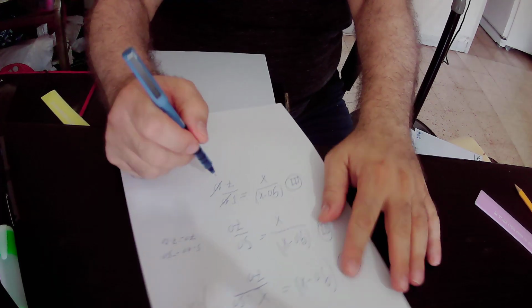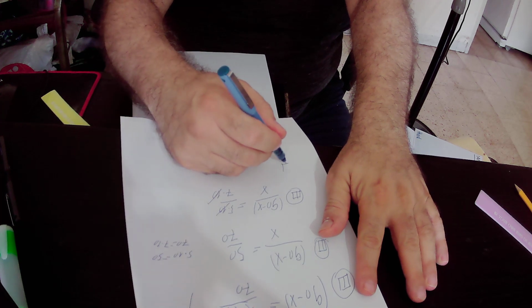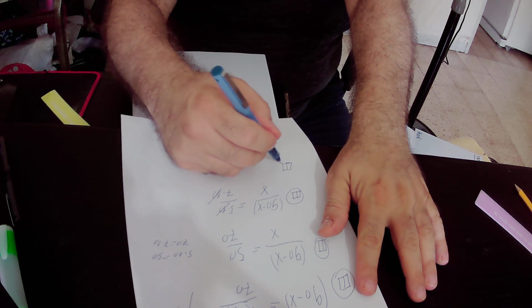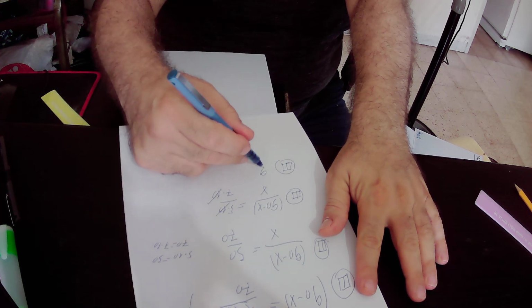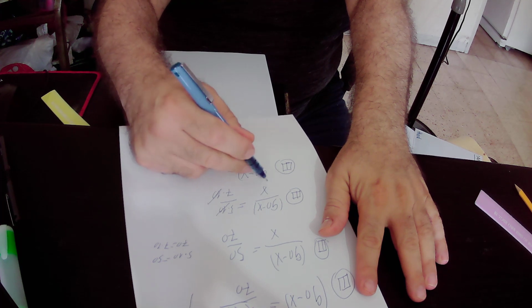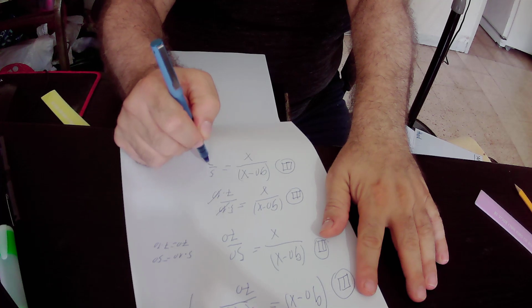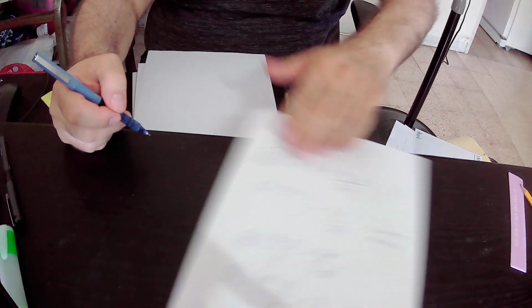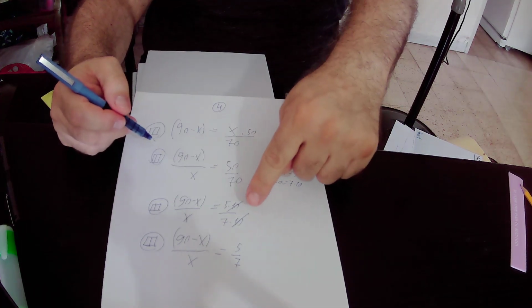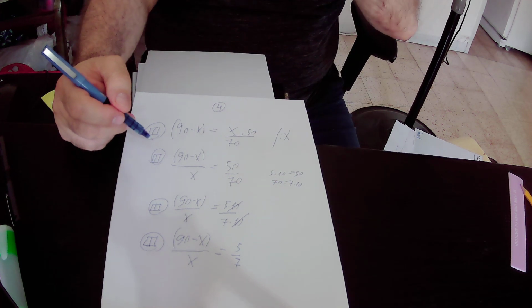We will get that (90 minus x) over x equals 5 over 7. Okay, we cancelled 10 from this expression.